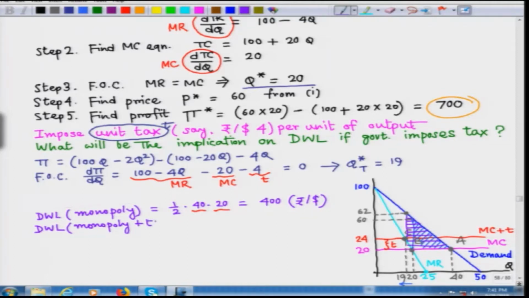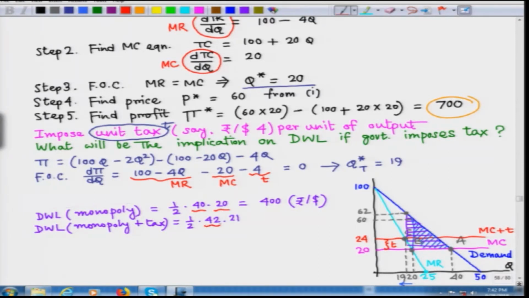Okay. So, now let us go back to the deadweight loss calculation, this time for the monopoly plus tax case, right. So, we have to use the same formula and this time it will be half times 42 times 21.